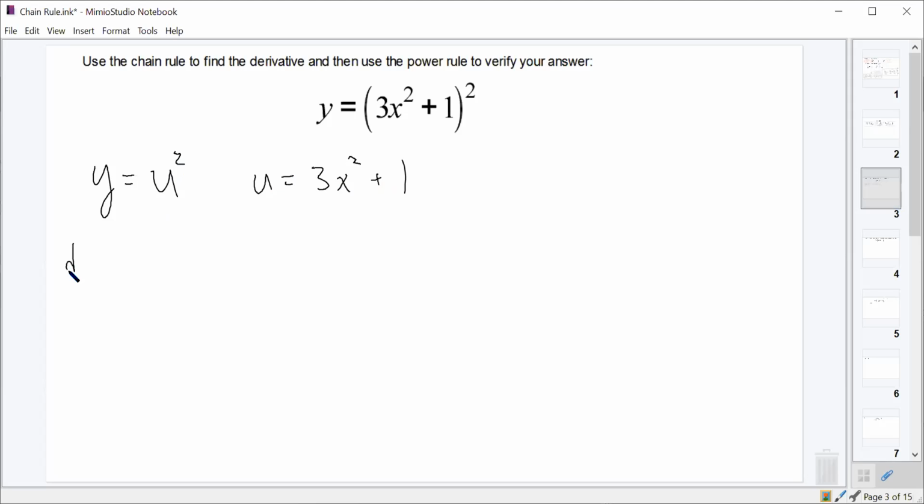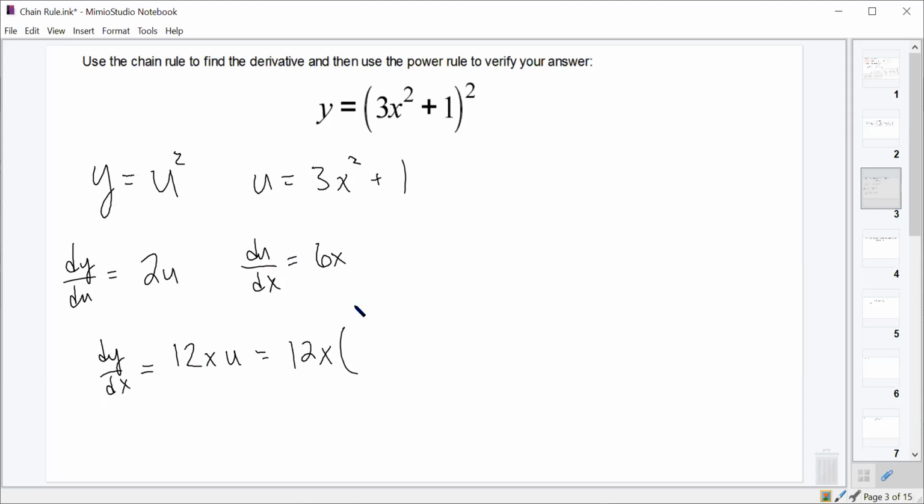So first off, what's dy du? 2u. Okay. What's du dx? 6x. So what does dy dx equal? It equals those two things multiplied together, which is 12x u, or 12x times 3x squared plus 1.